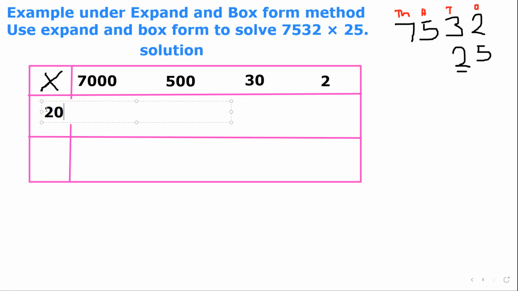Okay, that is 20. You write the real values of this number that you are going to multiply. And then the 5 multiplied by the ones position, that is the 5. So here too is the 5. Okay, then you write the 5 over there.